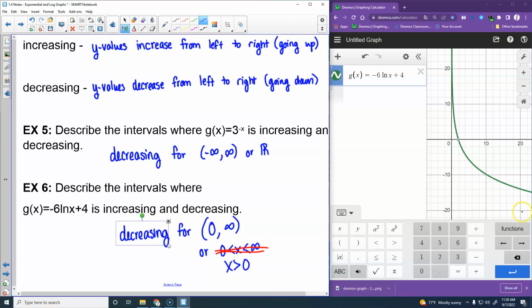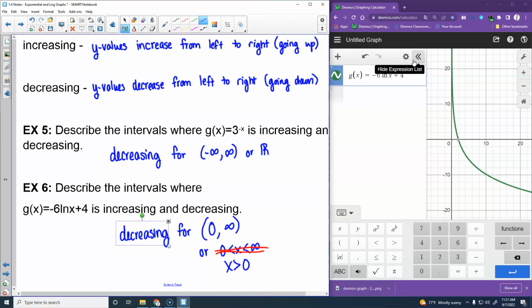Okay. Questions here? Yes? Okay, so why would it be infinity instead of just 2? Because that's where it touches. Good. So we're talking about increasing or decreasing, which doesn't have anything to do with positive or negative. So it doesn't matter if it's above or below the x-axis.